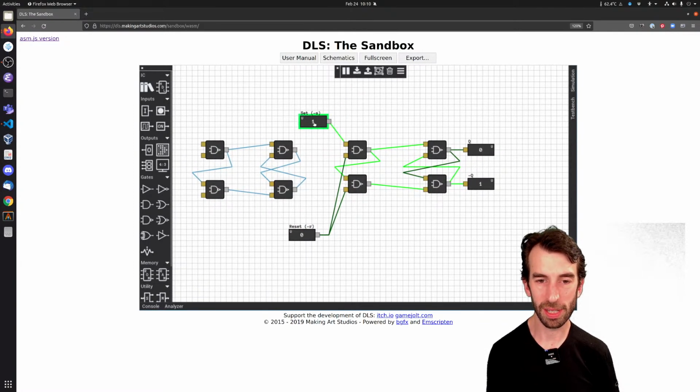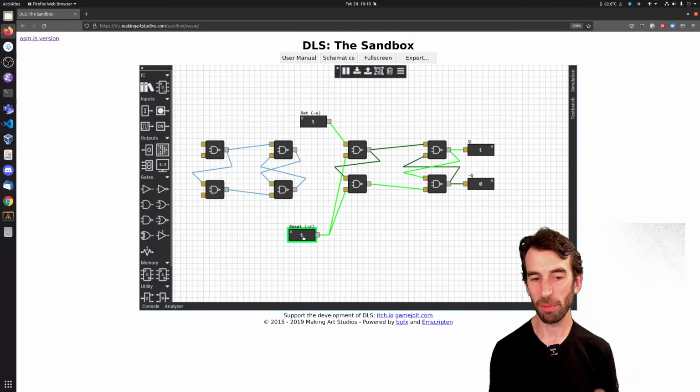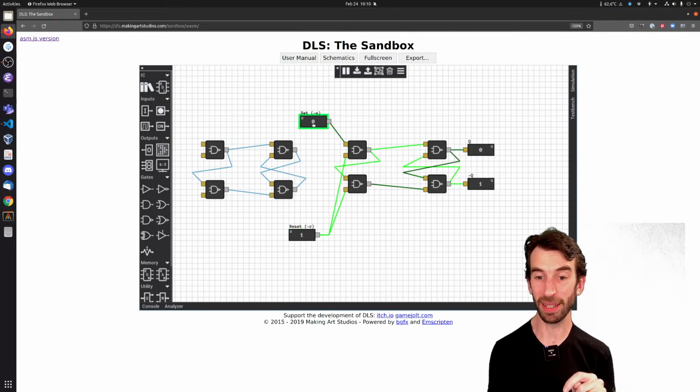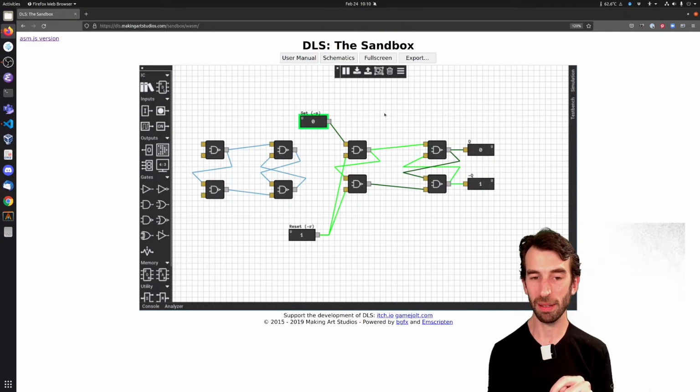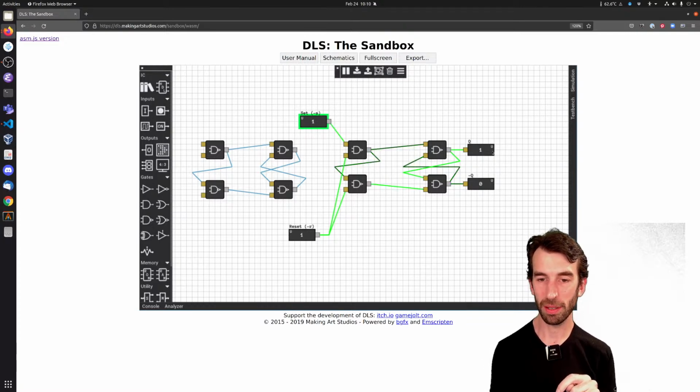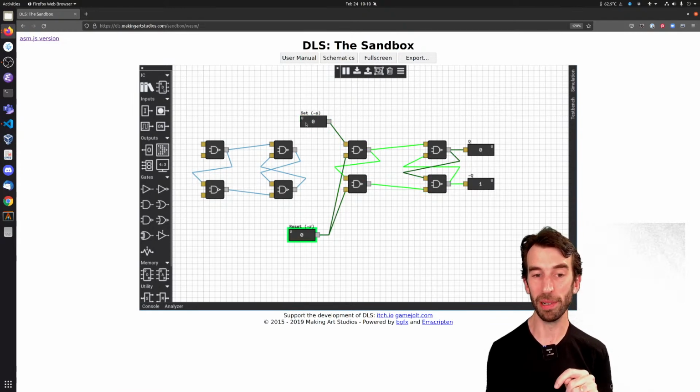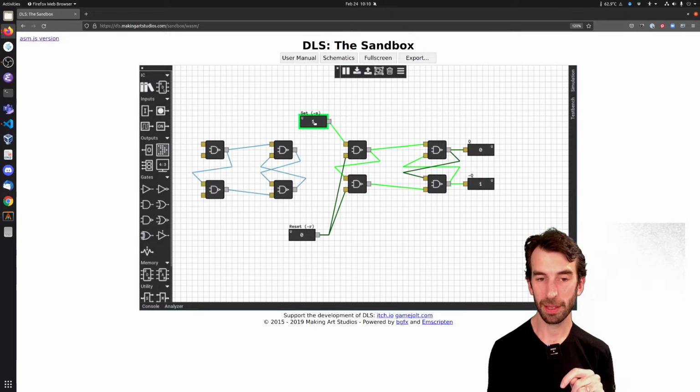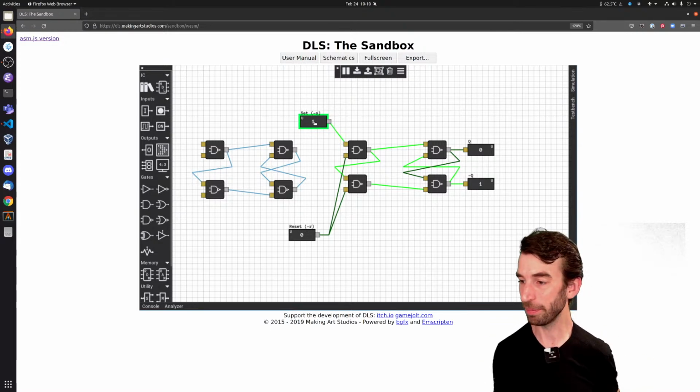So that top one is D, and that bottom one is C. So I think when we operate C, anything we do on D is going to be reflected in the output. So this is the D input. If I turn that to 1, we get a 1 here and a 0 there. Turn it to 0, we get a 0 here and a 1 there. If I turn off the C input, it doesn't do anything. So that's our enable input.